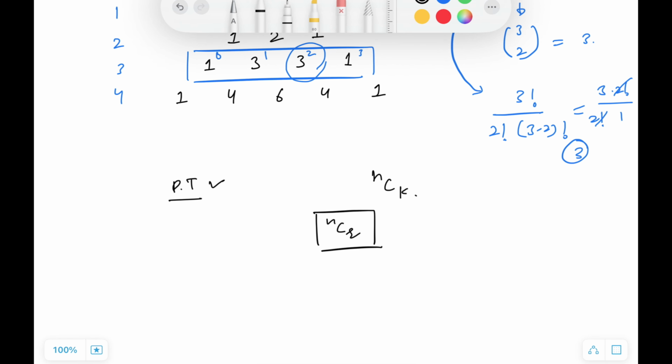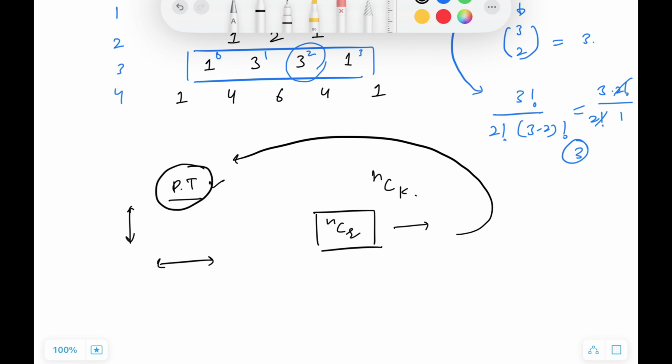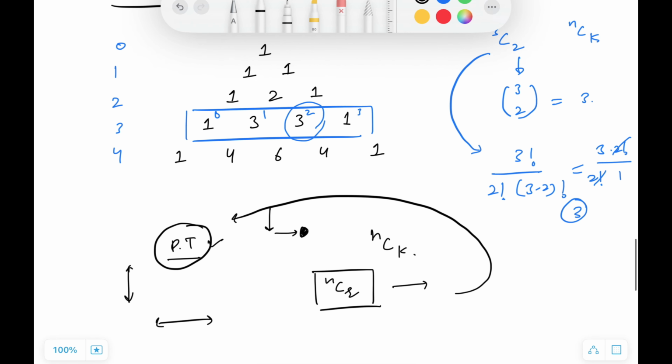If n is within the range of these rows and r is within the range of these entries, if we have the Pascal triangle, we can directly go to the nth row and rth entry. We directly have the value. In short, if we have the Pascal triangle, we can give the NCR result in order of one time.